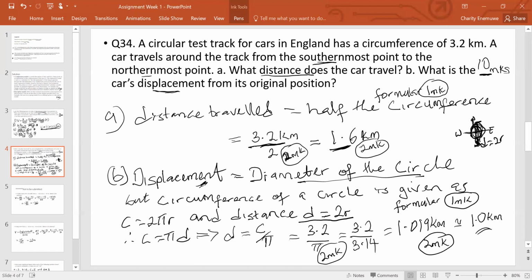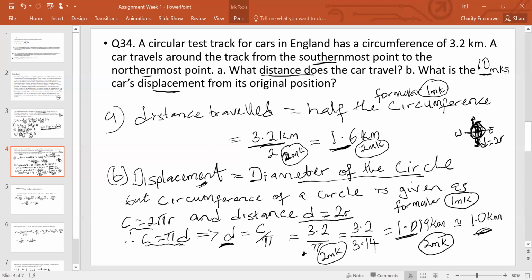So replacing that in this equation, we get that the circumference of a circle equals pi d. So to find d, we make d the subject of formula: circumference over pi. Circumference is given in the question, which is about the only parameter supplied. Pi is a constant. We have the final answer to be 1.019 kilometers, which is approximated to 1 kilometer.